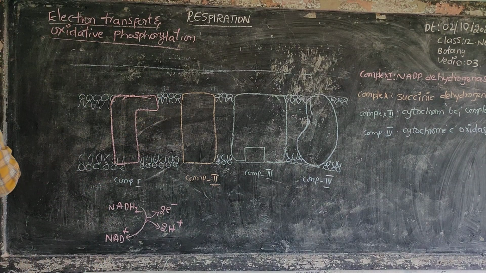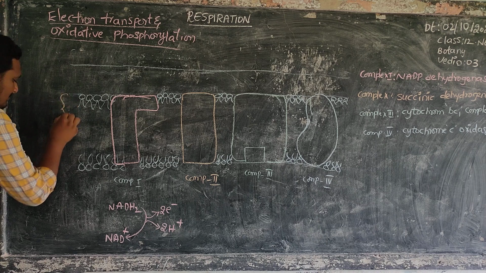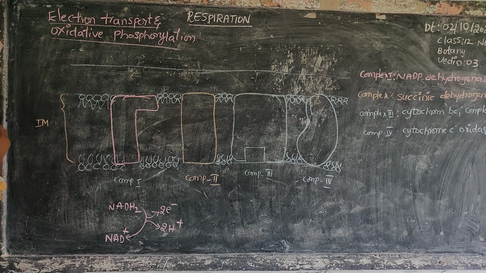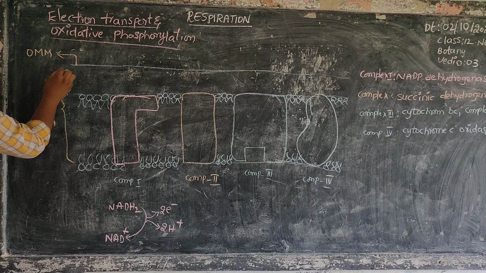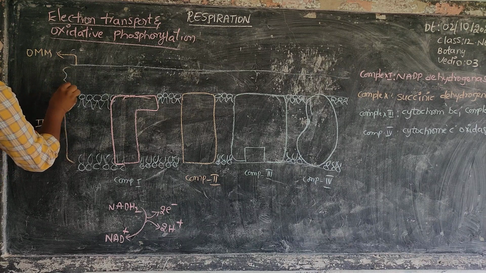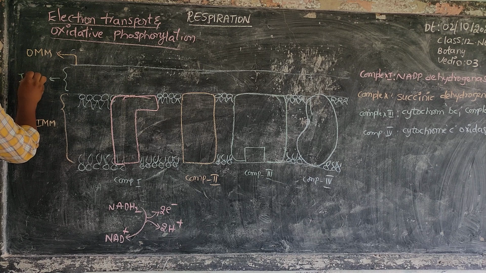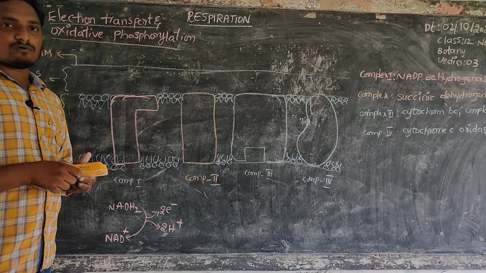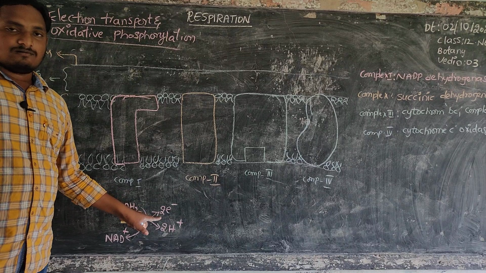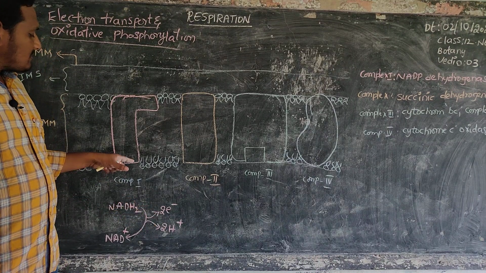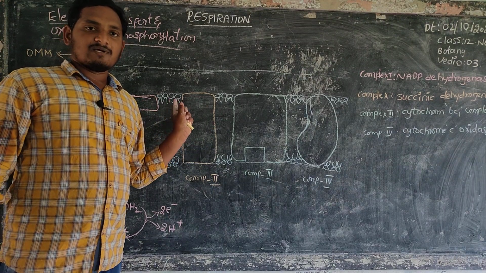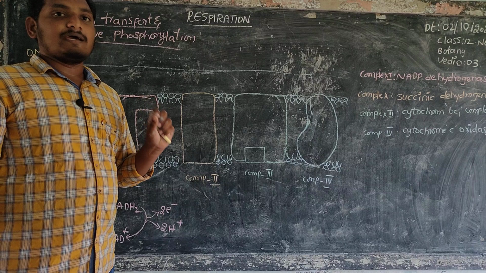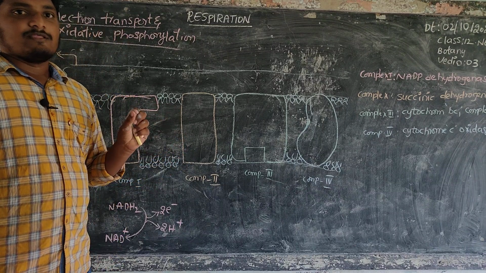So we are talking about this, the inner mitochondrial membrane. This is the outer mitochondrial membrane. The space between these two is the intermembrane space. When electrons travel to these complexes, inside the complexes there are mainly enzymes, and they are proteins.